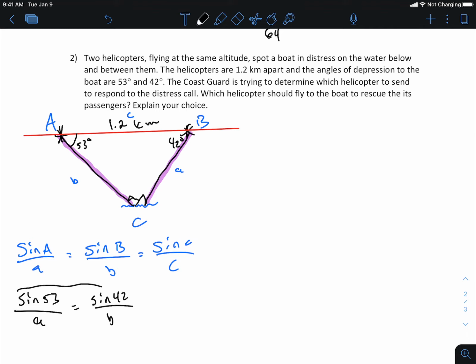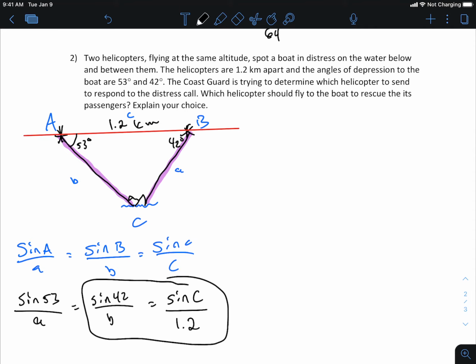Because this is useless to me. I can't solve for anything, right? But if I write the third one, you might still be in trouble, right? So you can see how, in any given of these two ratios, if you chose the first and the last, you still know 2 of 4, which is useless, right? But there is something else that we can apply to this triangle.